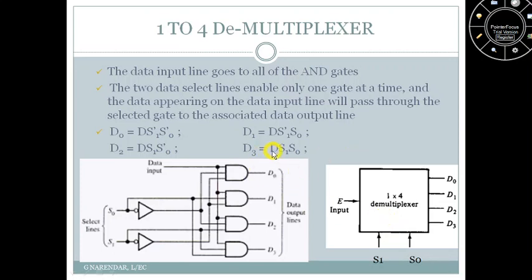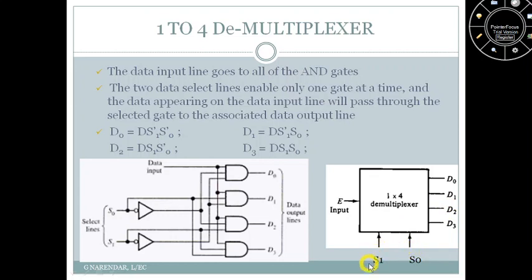So next we look at the combinational logic circuit of the 1 to 4 demultiplexer. So here we have shown the symbol of the 1 to 4 demultiplexer. You can call it D, data input, and this is the data input line in which the data is coming, and 4 output lines D0, D1, D2, D3, and 2 selection inputs S1 and S0.